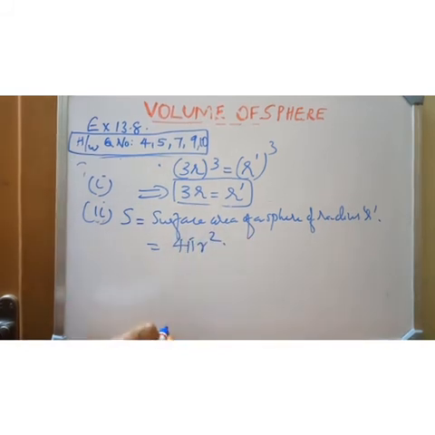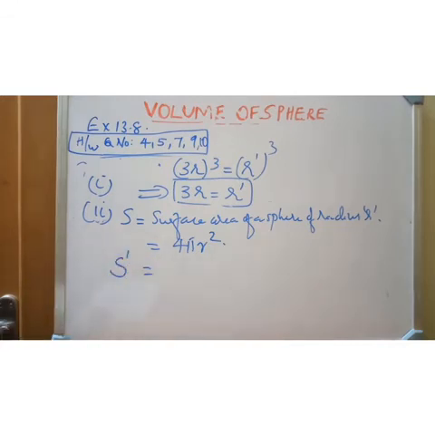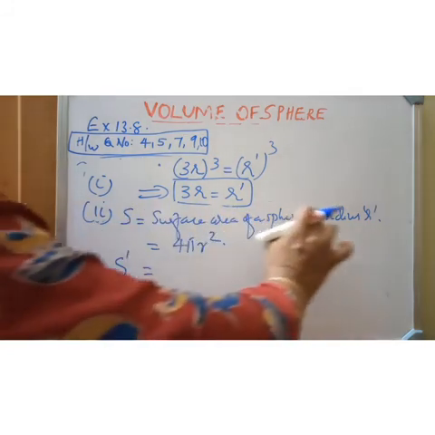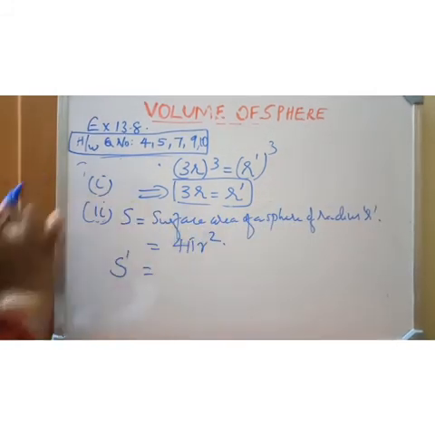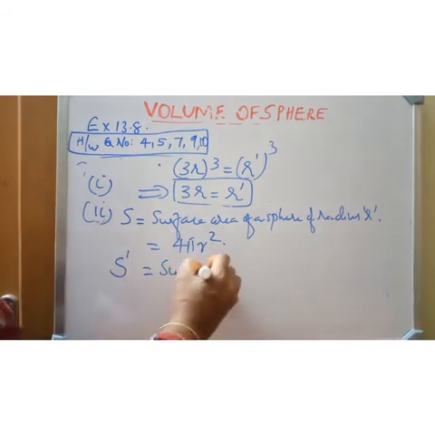Okay. S dash is the surface area of a sphere of radius r dash. S is the surface area of a sphere of radius r, that is 4 pi r square. S dash is the surface area of a sphere of radius r dash.